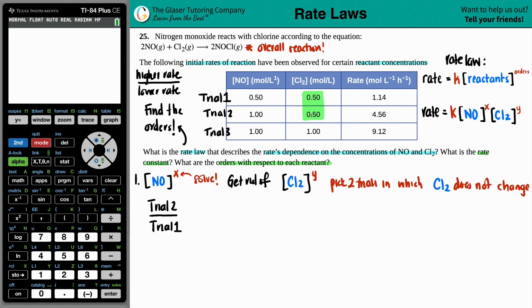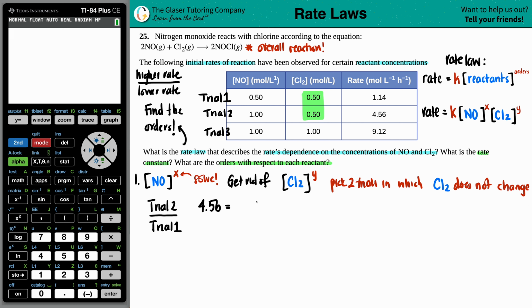And now I'm going to use all my trial 2 values for the rate law, and then I'm going to divide that by trial 1's rate law. So I'm going to use this formula to plug in the values that I know. For trial 2, the rate was 4.56, and this equals a rate constant. We do not know the rate constant.